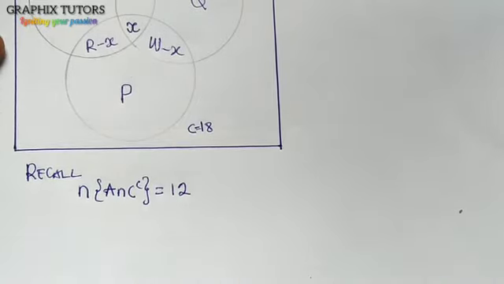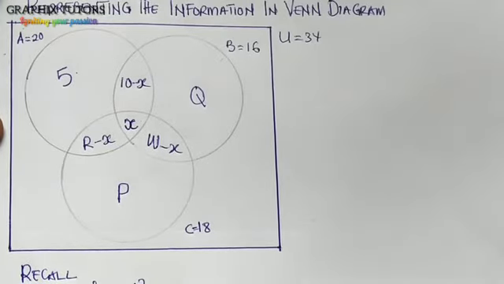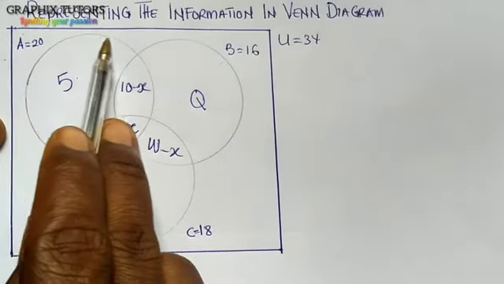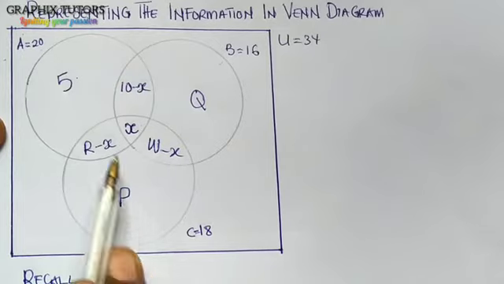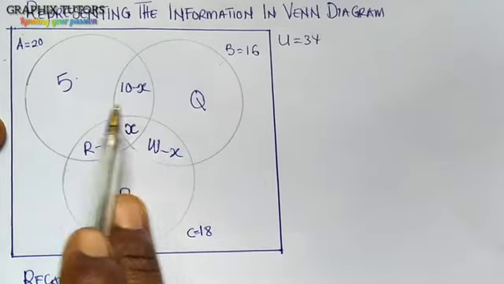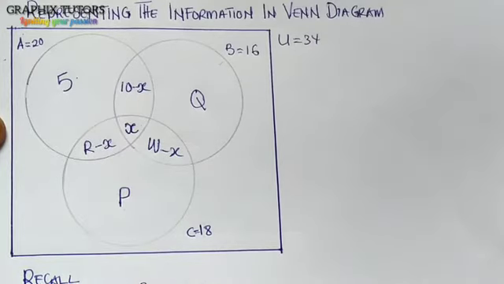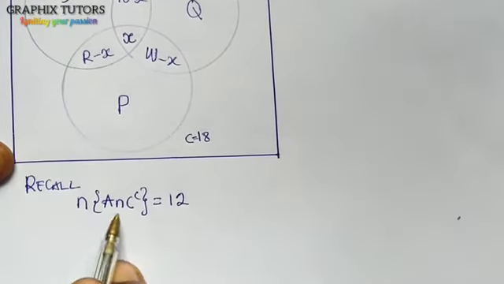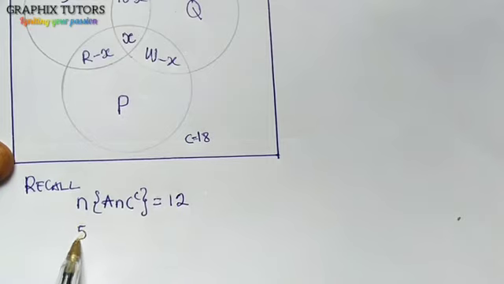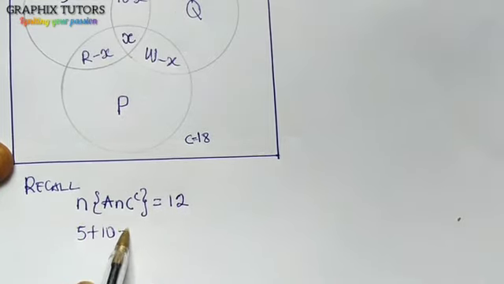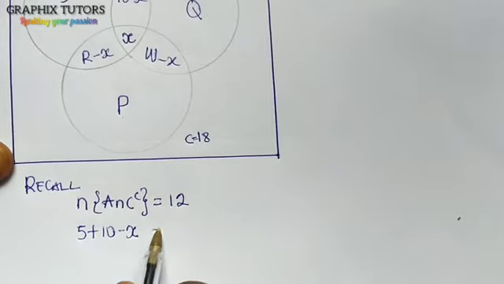So if you look at this here now, this is A but not C. We only focus on A. That's what it means. We only focus on A. And if you look at it, we have 5 plus 10 minus X. So I will represent the information as 5 plus 10 minus X is equal to 12.